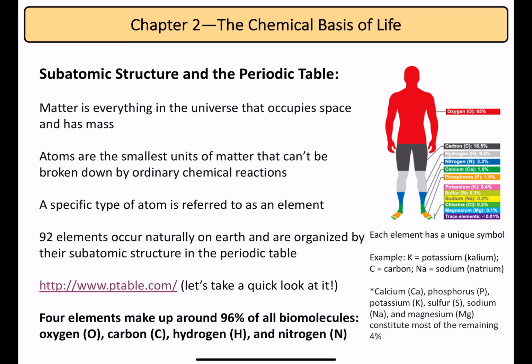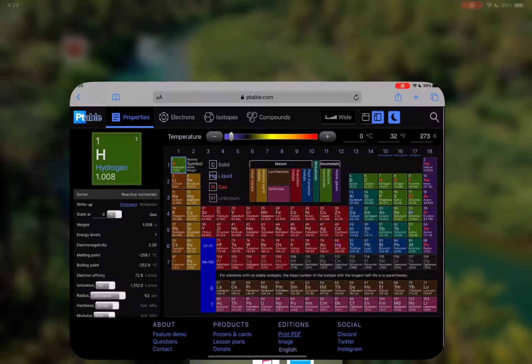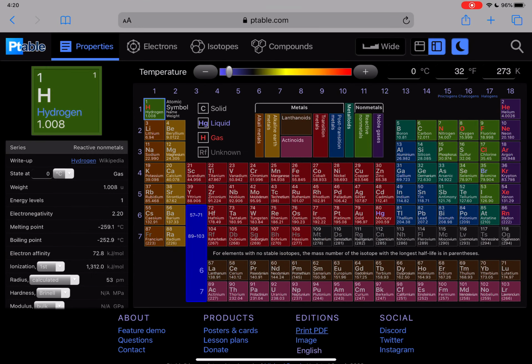So a specific version of an atom is called an element. There are about 92 naturally occurring elements on planet Earth. We're not going to focus on most of those. We're only going to focus on the elements that pertain to life. So let's take a moment to look at how these elements are organized.